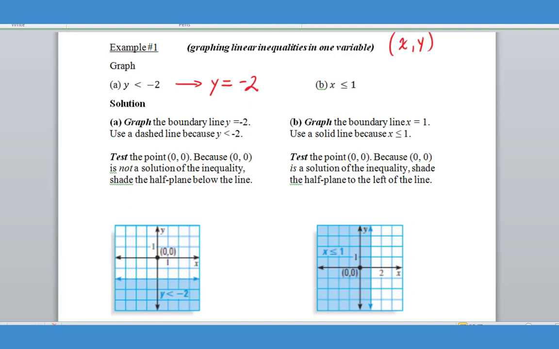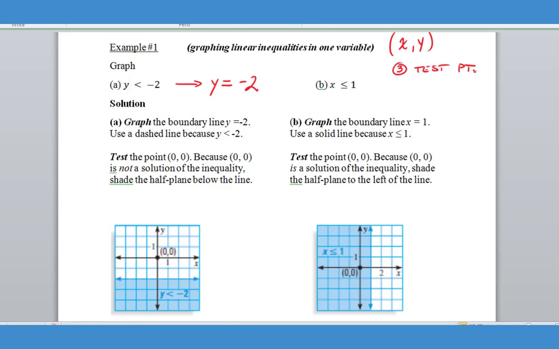The only way for me to determine which of those points, because there are infinitely many, are solutions, is to test a point. So our third step is to do a test point to see where the solutions lie. You can see that the most popular test point to try is 0, 0.